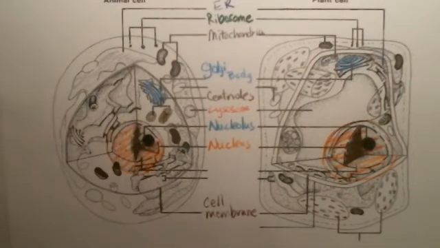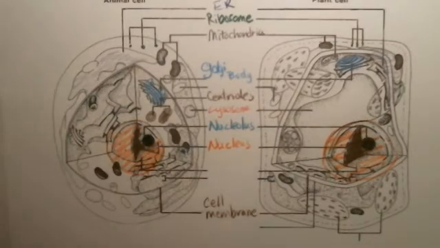That way, inside the cell has a different environment than outside the cell, and that different environment allows the cell to do things that it couldn't do if the environment was the same inside and out. So it is a control, kind of like a gate, that allows materials into and out of the cell that need to go in there.